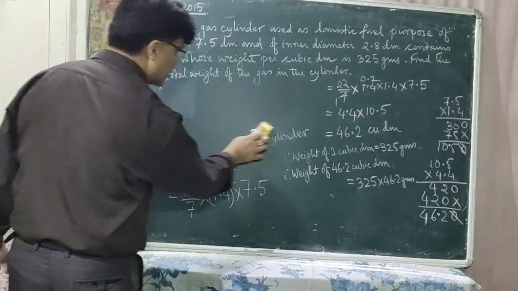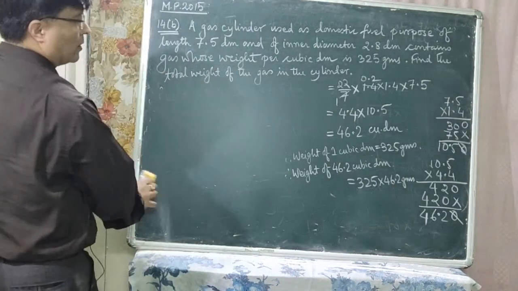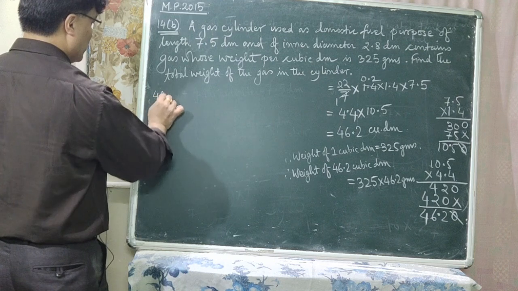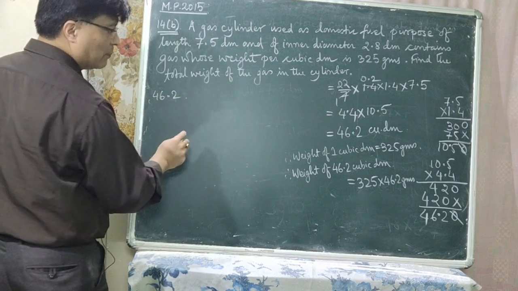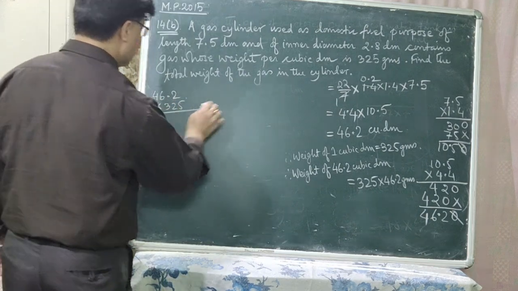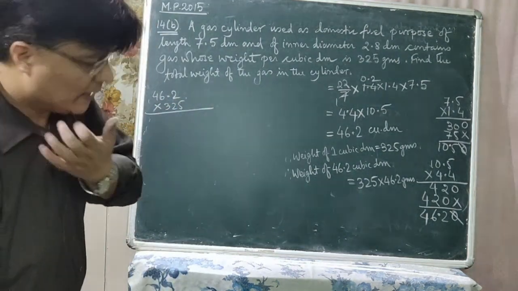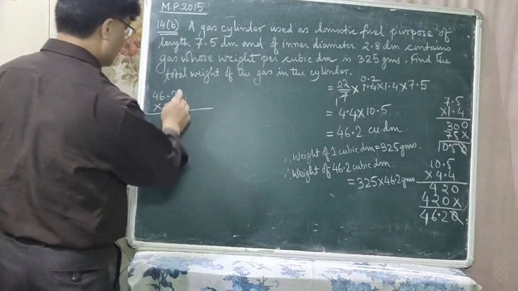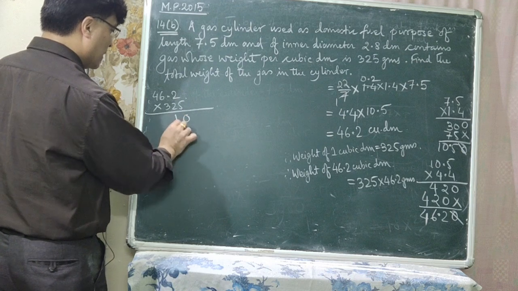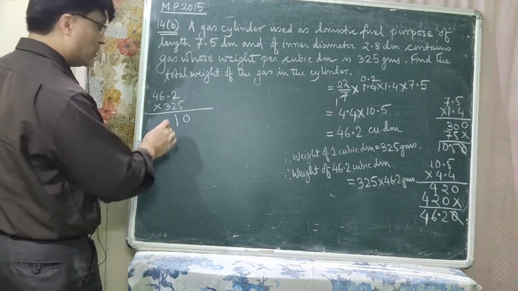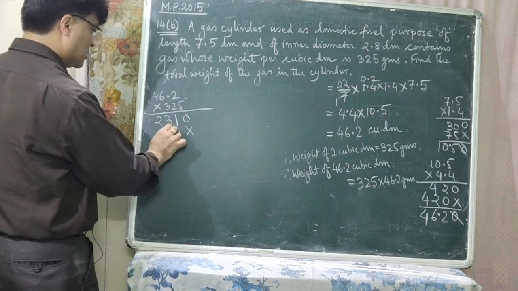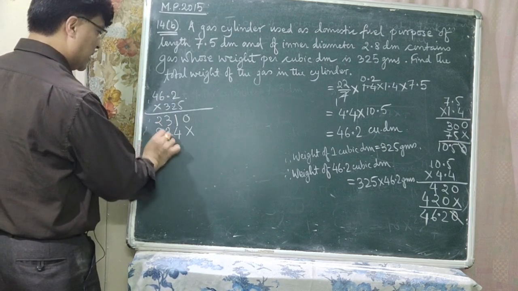Now we will multiply in rough. So here, 46.2 should be multiplied by 325. Let us multiply them. 5 2s are 10, 0 and 1 carry. 6 5s are 30 plus 1 is 31, 3 and 3 carry. 5 4s are 20 plus 3 is 23. Cross. 2 2s are 4, 2 6s are 12, 2 and 1 carry, 4 2s are 8 plus 1 is 9.